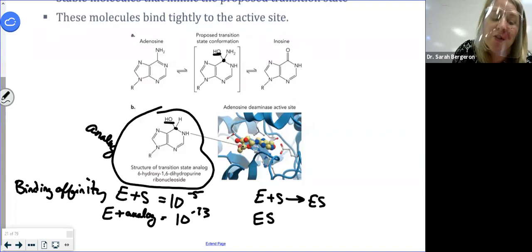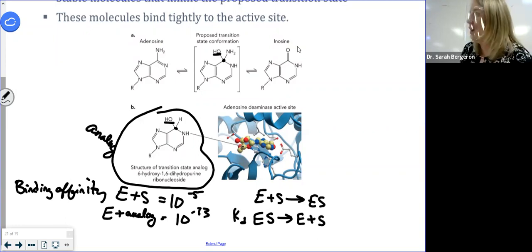But really, what are you measuring? You're measuring KD. KD is of enzyme substrate going to enzyme plus substrate, right? So that's KD. So if you have a very small KD, dissociating, then that means a very high affinity. The lower the number, the higher the affinity, right?